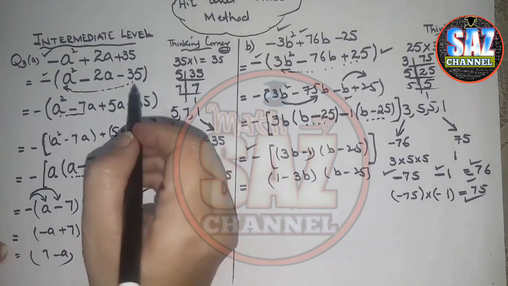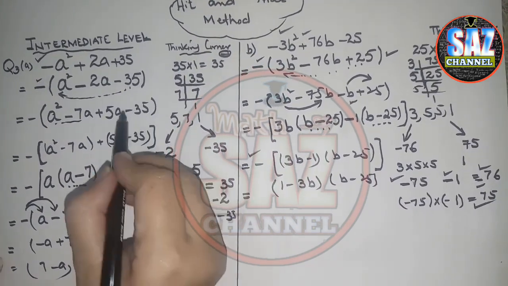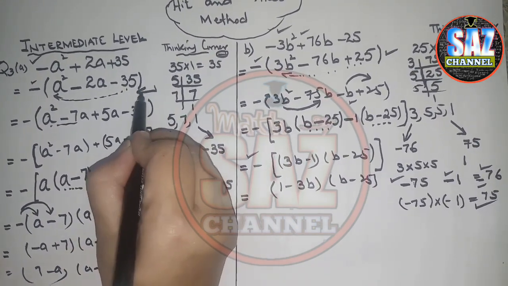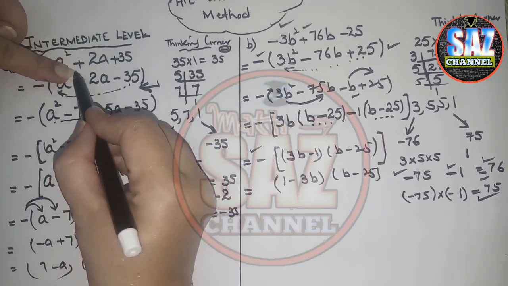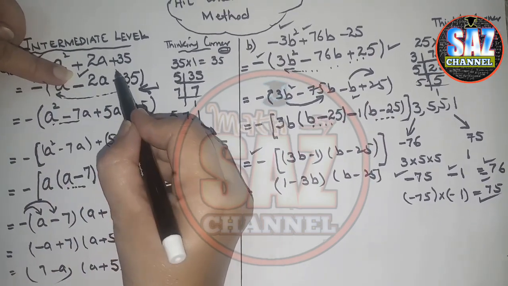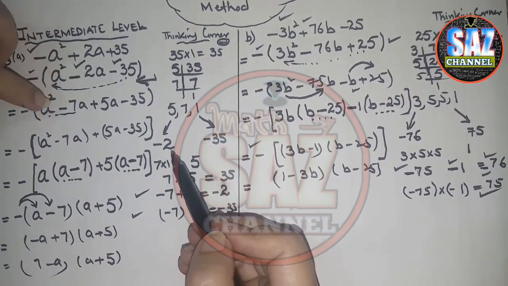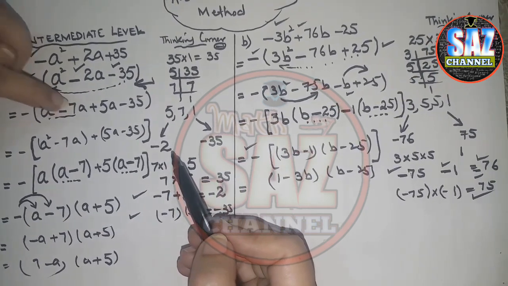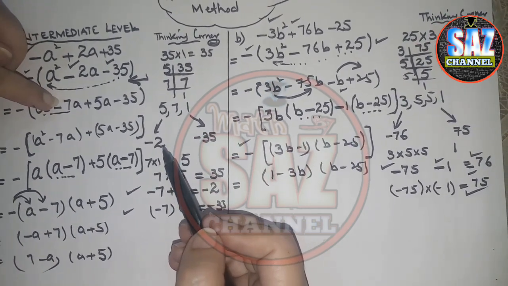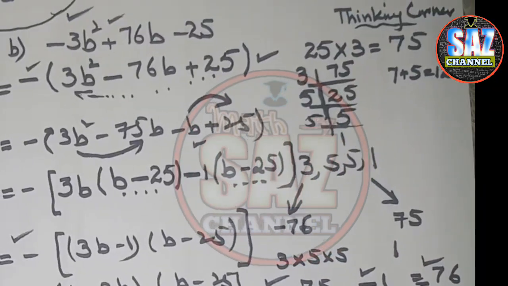Let's come back to question 1, and we can see here this step is the most important step. Why is this step important? You can see here the middle term is negative and the product as well is negative. When we will be breaking up the middle term, the larger factor must have the minus sign with it, and the smaller factor must have the positive sign.